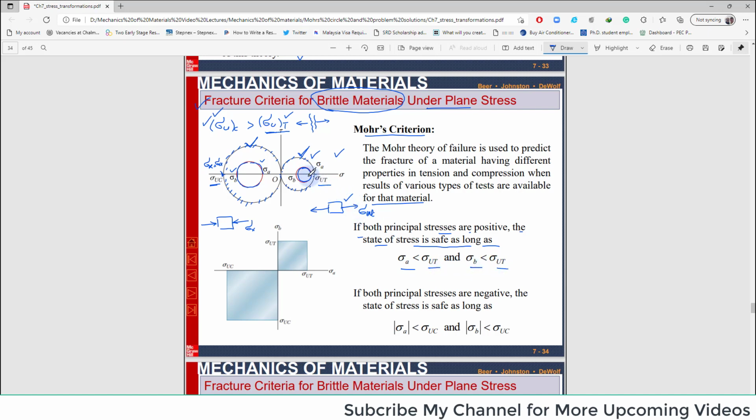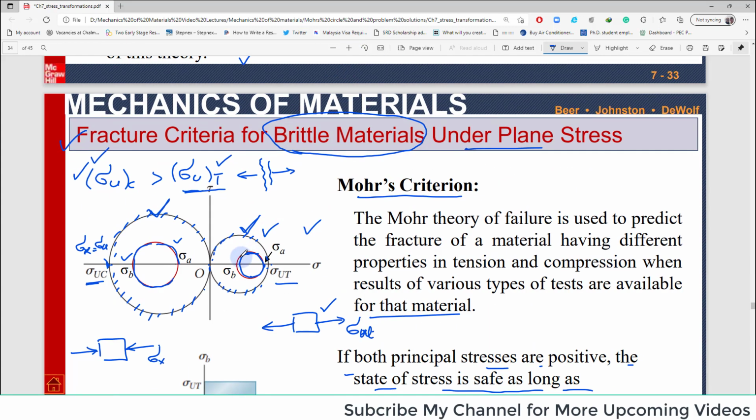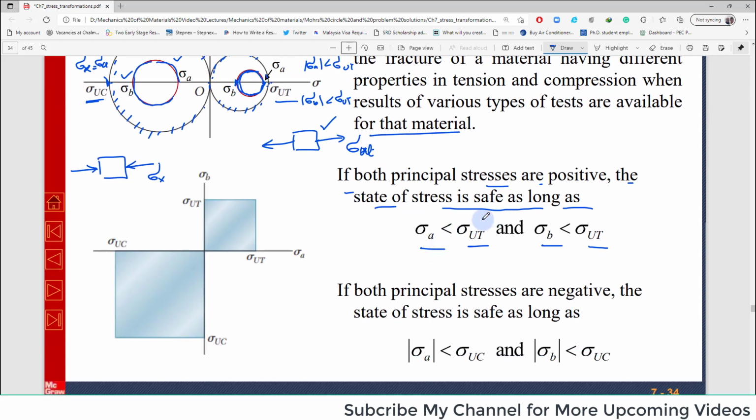Again, in this case, if you take the standard tensile test, let me zoom in over here, you can see this is your state of stress. This is sigma A and this is sigma B. You can see sigma A is less than sigma ut and sigma B is also less than sigma ut. So this object will be safe for tensile.